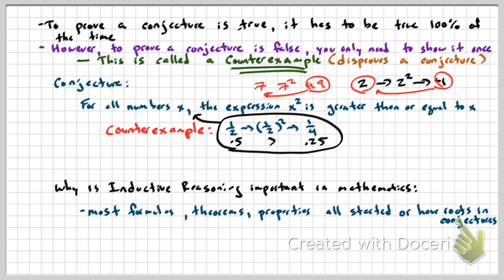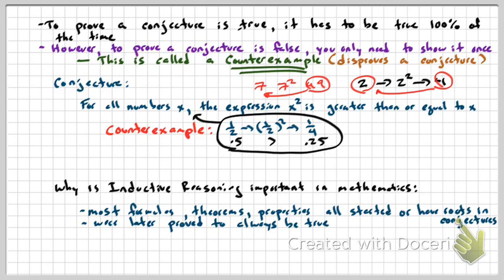Eventually they find that they're always true, or that there's one time it's false, so they have to throw it out. If they were proven true, they became what are called properties or theorems. These are two big words that we use throughout the year in geometry, because we know for a fact that they're always true. So, inductive reasoning is the process of making a conclusion or a conjecture based on observation.